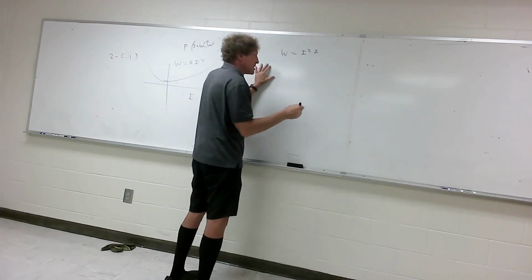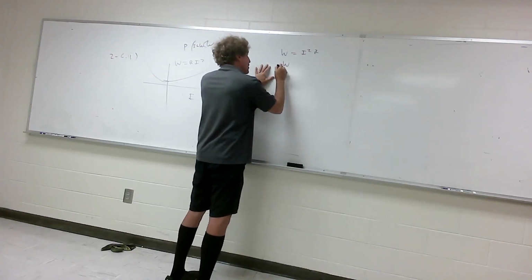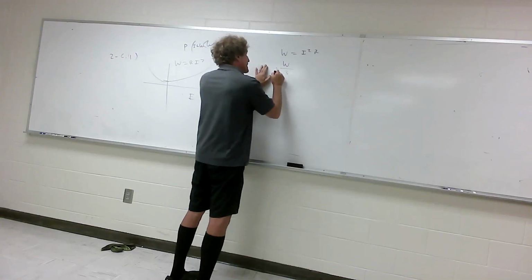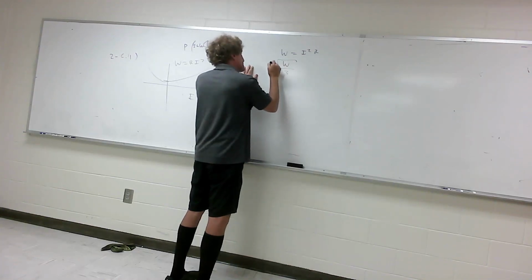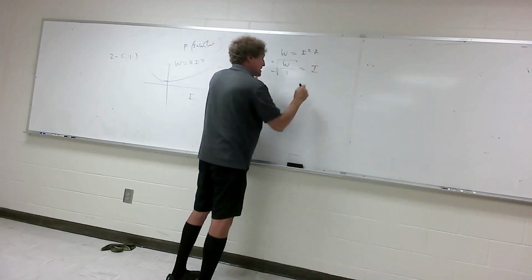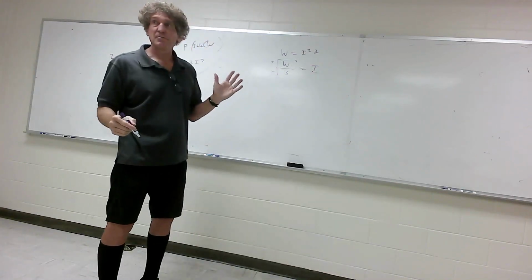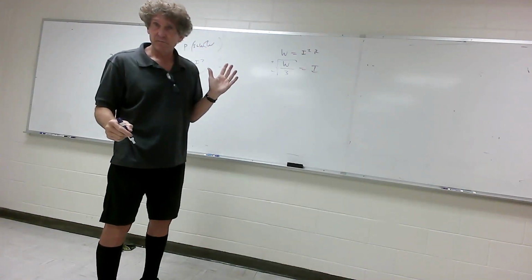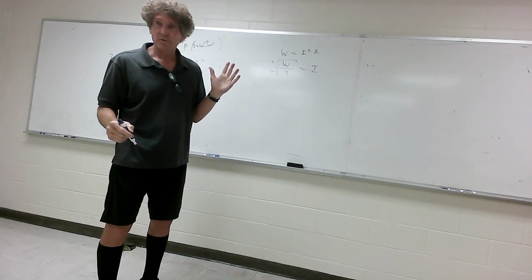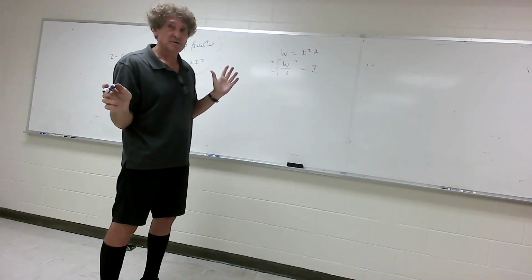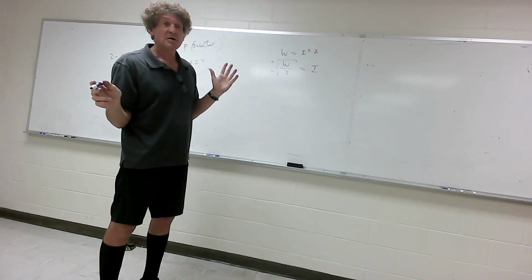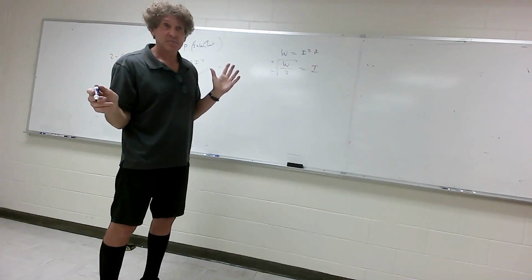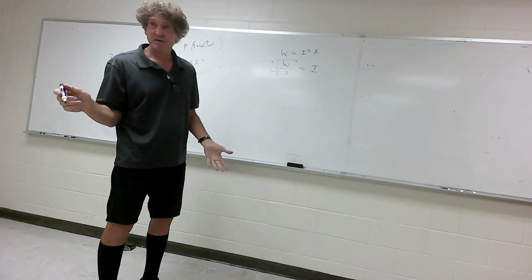So that means W over 3, and then I take the square root of this, plus or minus, is equal to i. That's the threshold. I'll either be above or below. You with me on this, guys? You can do it by getting the density function, but it's easier, in my opinion, to do it this way.